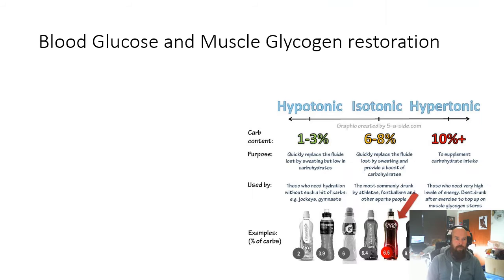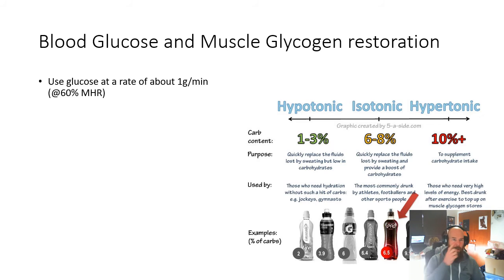So the next part of recovery is looking at the blood glucose and the glycogen, the muscle glycogen, and how we restore that. Okay, so the body uses glucose. We use it at a rate of about 1 gram of glucose a minute. Okay, and that's working at 60% of your max heart rate.